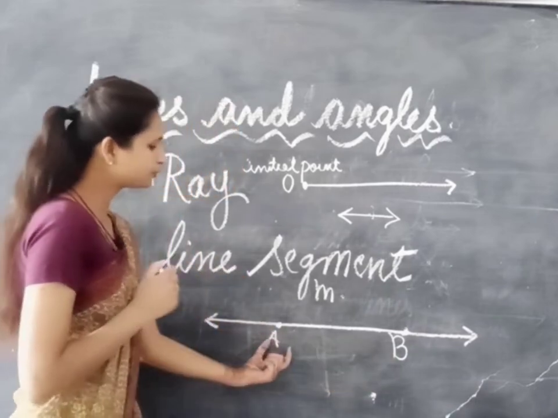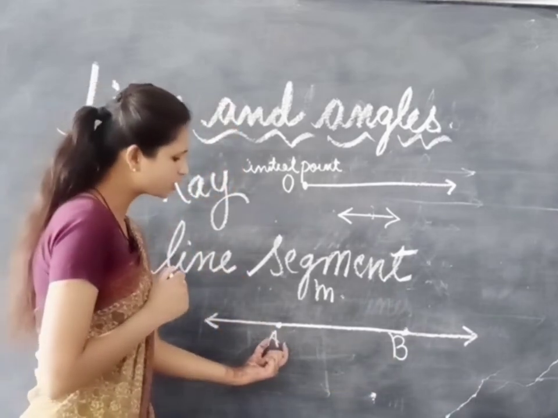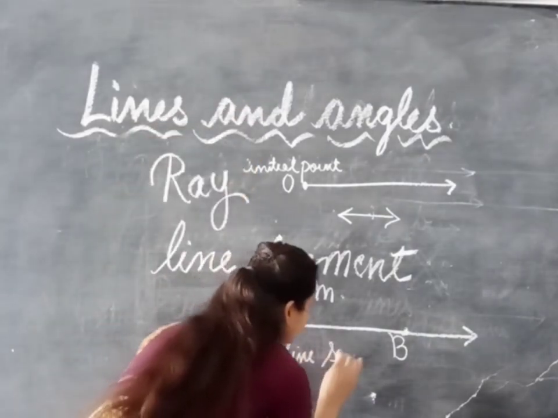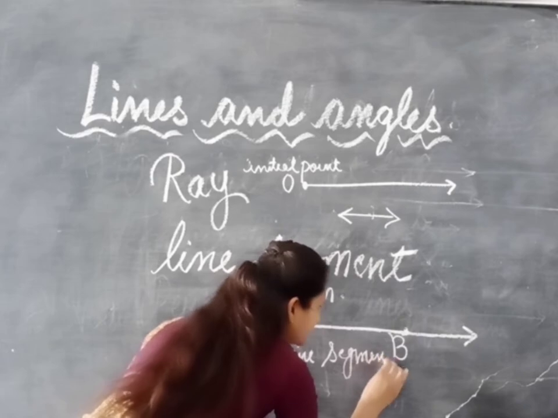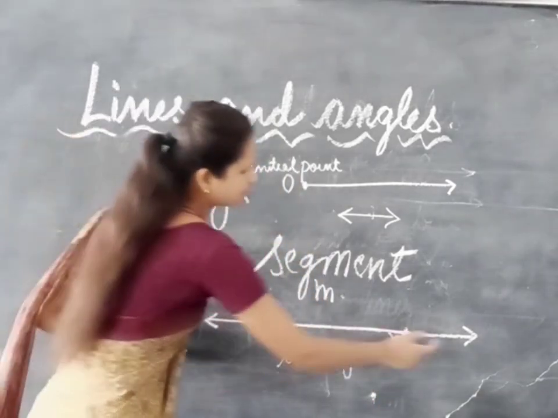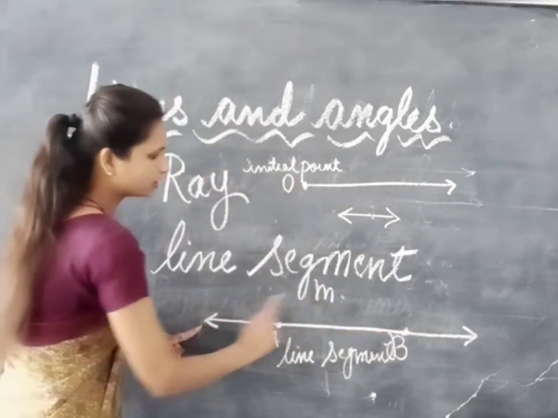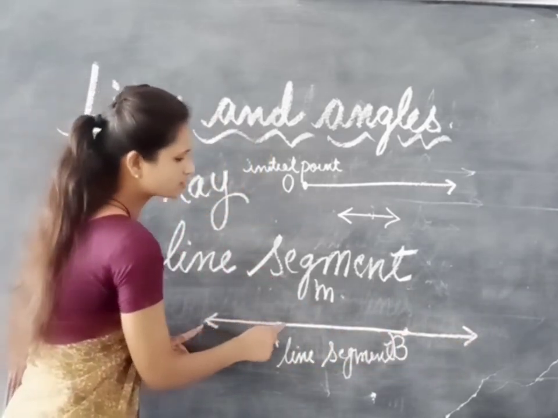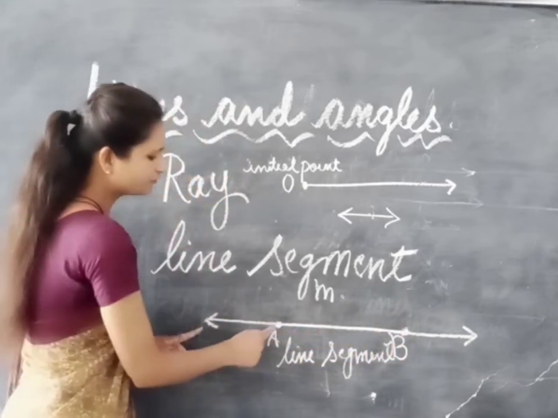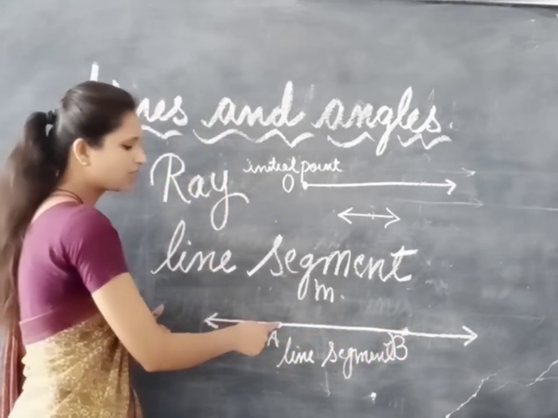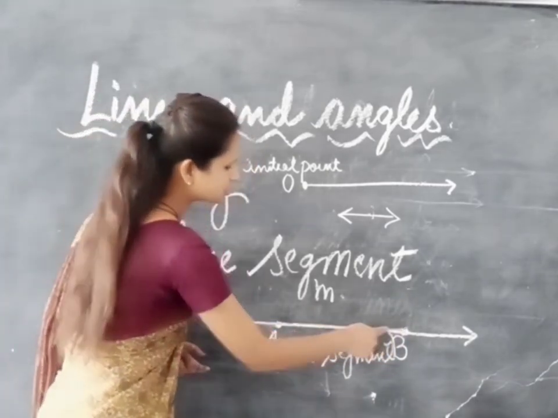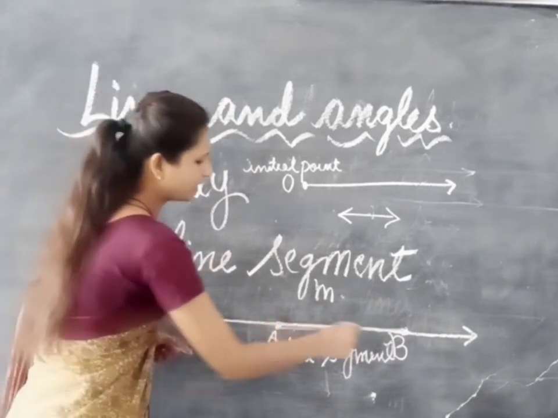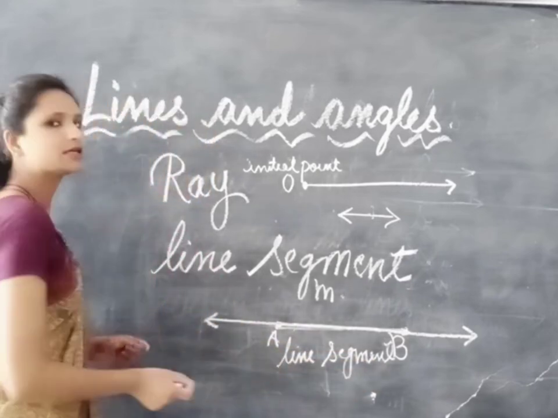The pathway between point A and B is called a line segment. It is a line M from here to here, but it has 2 points, A and B. The shortest distance, or the pathway between A and B, is called a line segment.